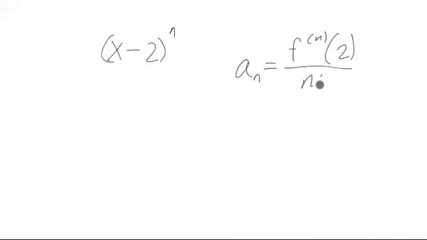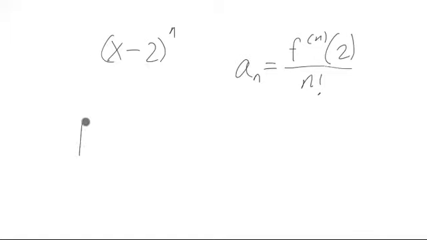But to get 0 for most of the terms on the right side where we have lots of powers going up, we'd have to plug in a 2. So we have lots of powers of 0. So really the formula looks very similar. We'd have a sub n is equal to the nth derivative, but now with 2 plugged in, and then again divided by n factorial.